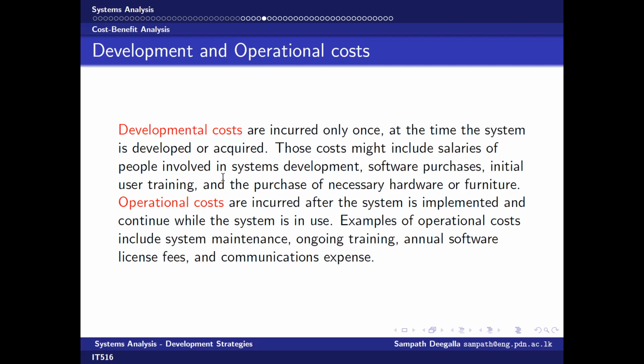So the costs will be the salaries of the people who develop the system, software purchases, initial user training, and so on. Then we have operational cost. Right? Once you have developed the system, to run the system you have to spend some money. System maintenance, training, annual software license fees, and communication expenses come under operational costs.